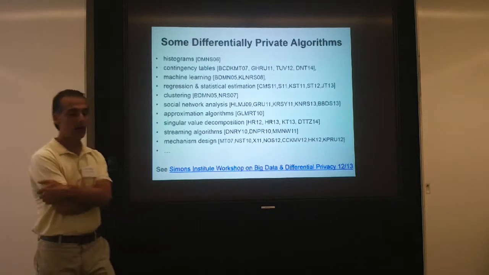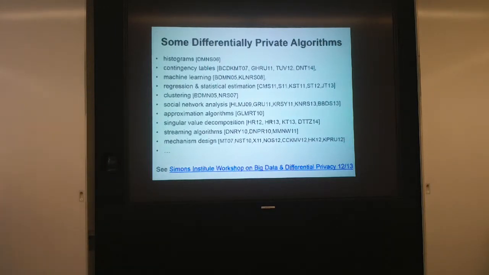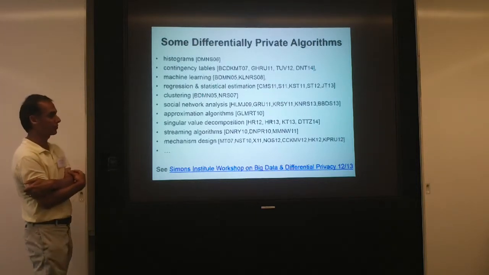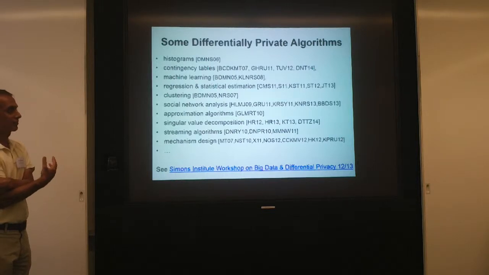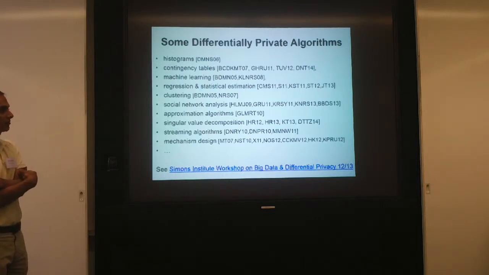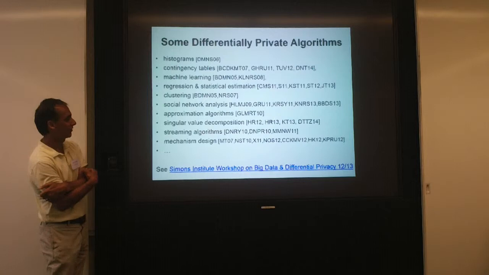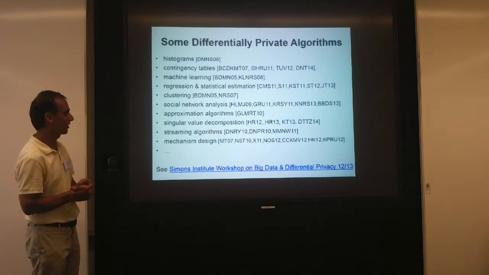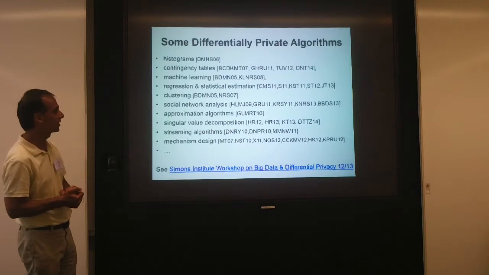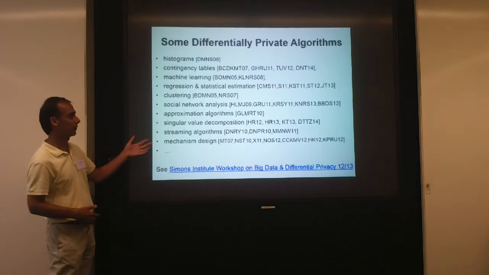All right, so I gave one example of how you answer counts with differential privacy. But there's now a huge literature, constantly growing, showing that a wide variety of data analysis methods, including many of the things one does in practice in data science, are compatible with differential privacy.